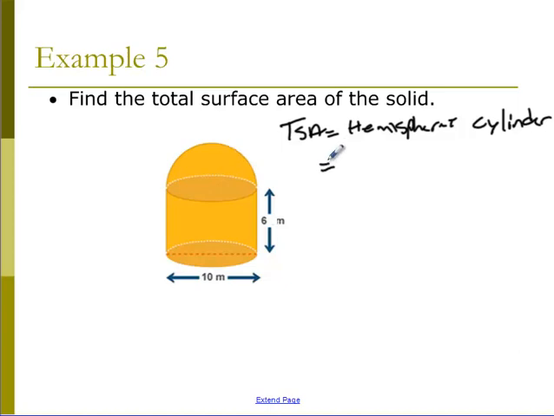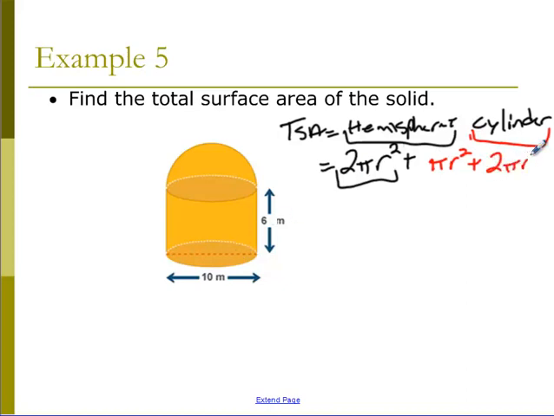They're inside the shape. So I only need the top part of the hemisphere, 2 pi r squared, plus for the cylinder, I have one base, pi r squared, the one on the bottom, plus 2 pi rh, which is my lateral area of the cylinder.